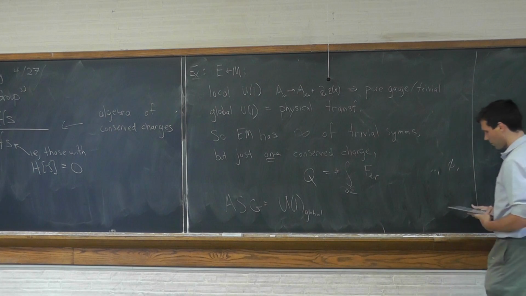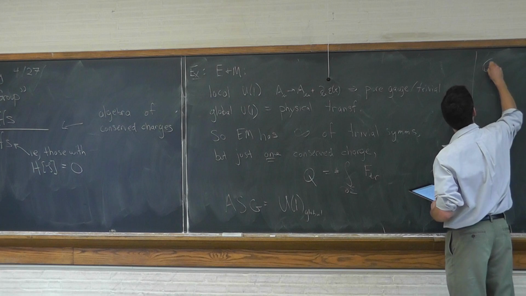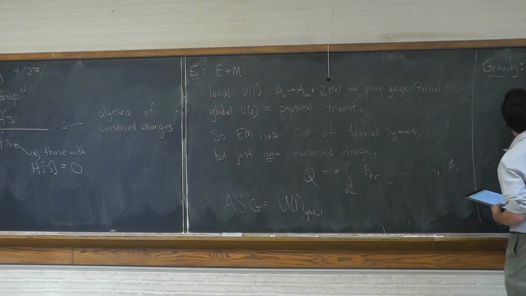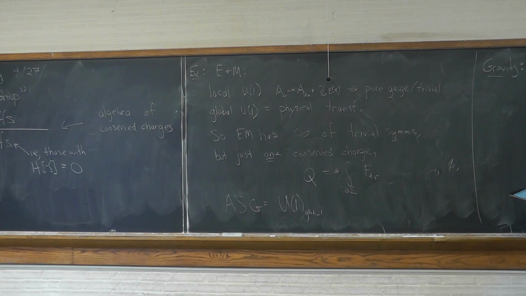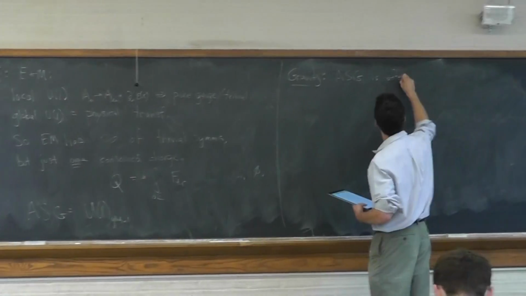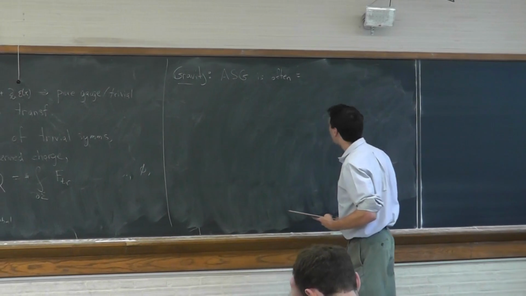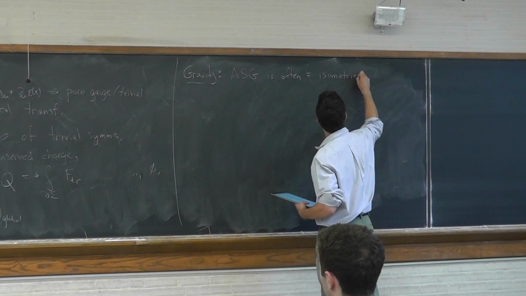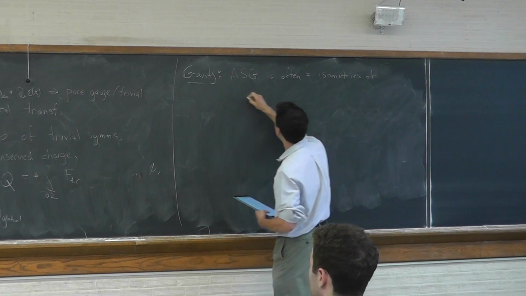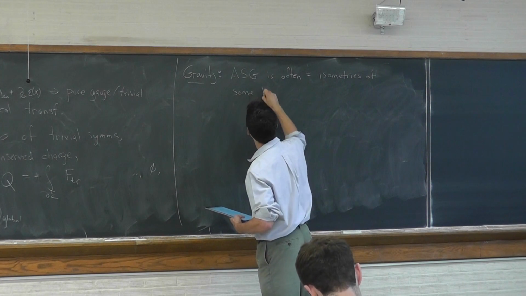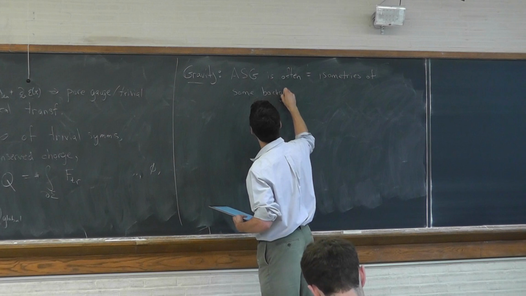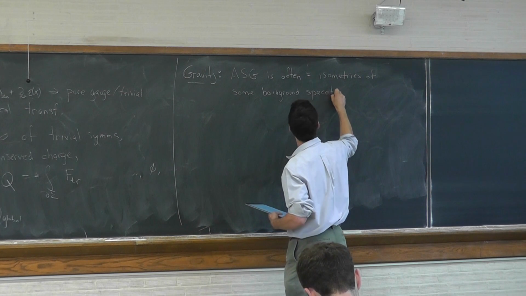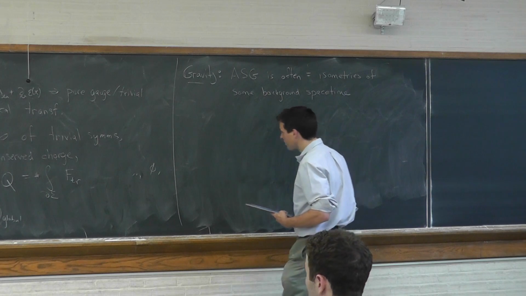So now gravity. In gravity, the ASG is often equal to the isometries of some background space, but not always.